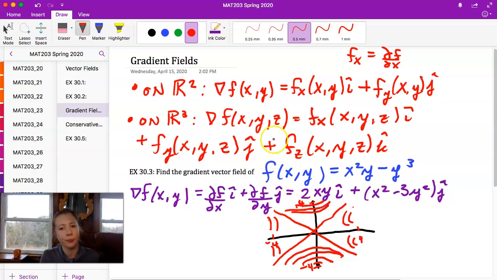Okay, but now we're going to use the gradient vector field to look at the direction of flow. If we were going to use the gradient field and plug in with our 2xy i hat plus x squared minus 3y squared j hat, going through the whole steps like we did in exercise 30.1, you would find that our vectors would look something like this.